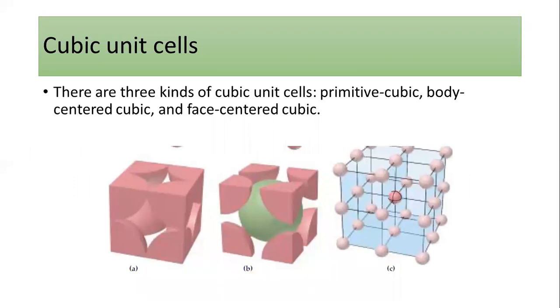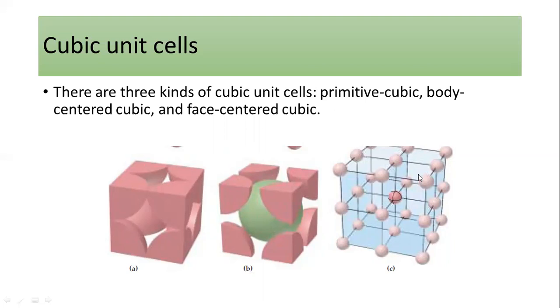In today's lecture, I am going to discuss only the cubic unit cell. There are three kinds of cubic unit cell. The first is the primitive cubic, the second is the body centered cubic, and the third is the face centered cubic.